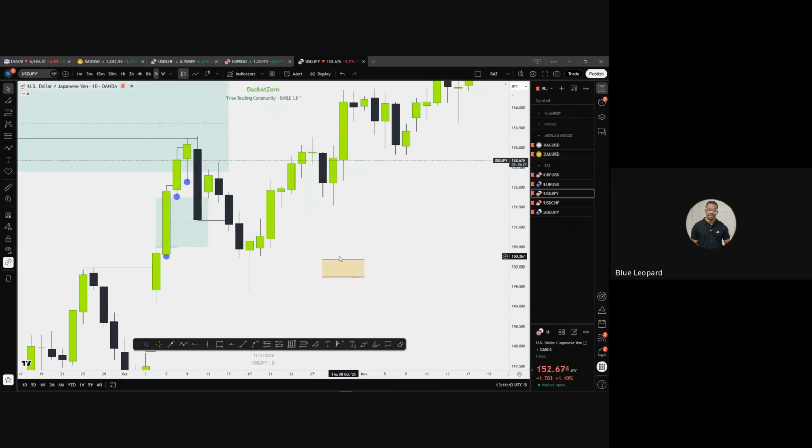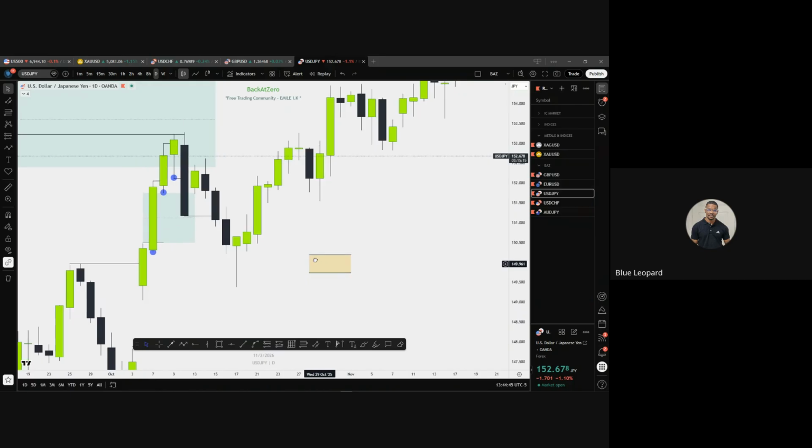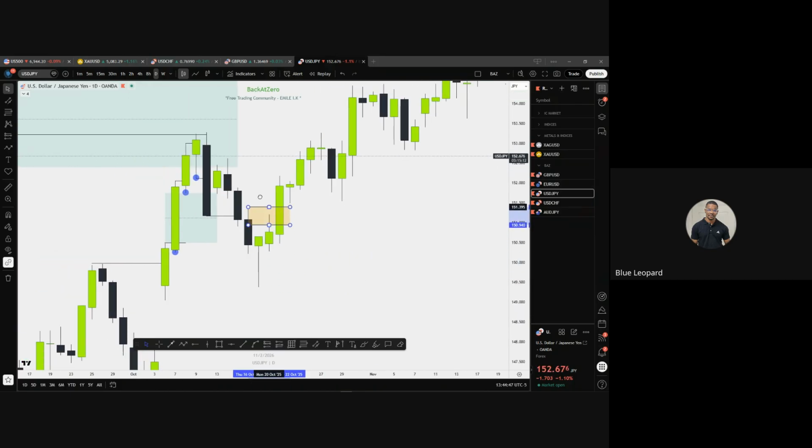Every time you see an inside bar, like here, let's go. We have one here. What price did? As soon as price broke the inside bar, price gave us 2 days of bearish move. You see?